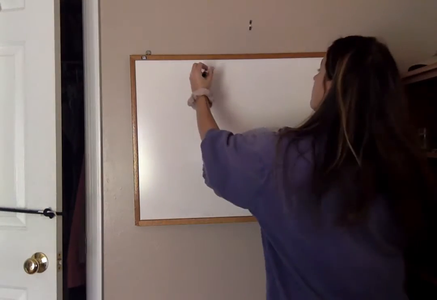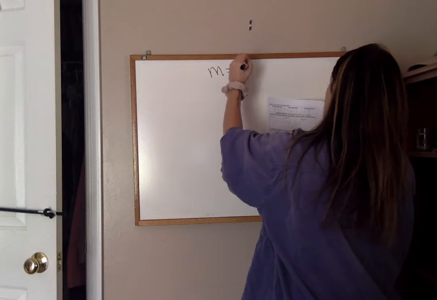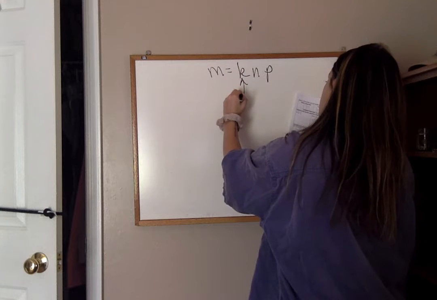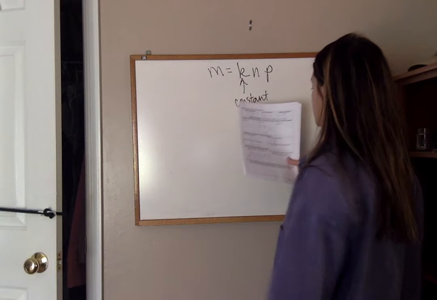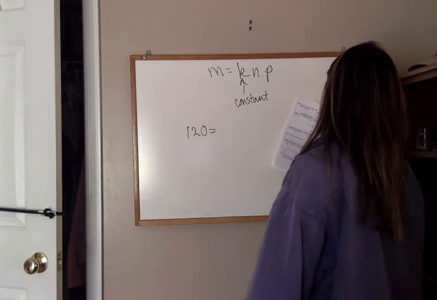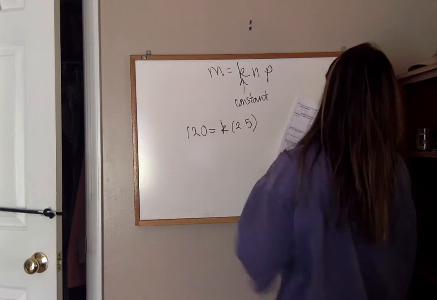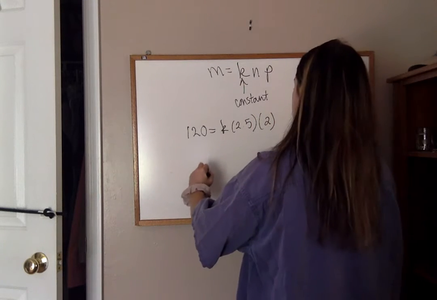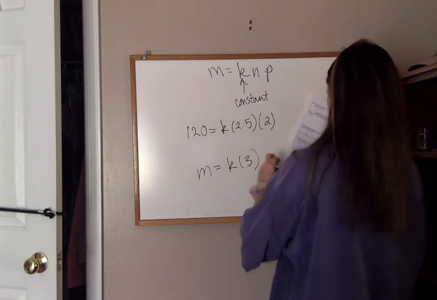So M varies jointly with N and P. This is my constant. It says M is 120 when N is 2.5 and P is 2. And then it says find M when N is 3 and P is 2.